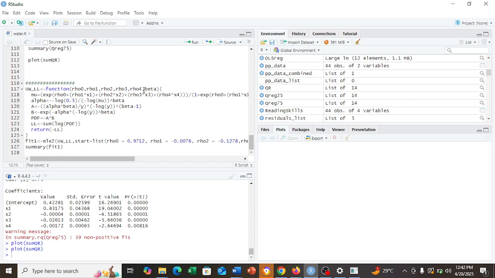Yeah, so here we've looked at the unit variable already. So now the third way of running quantile regression is using what we have here. Here you define the likelihood function, then you define your PDF, and then you get your initial values, and then be able to estimate.